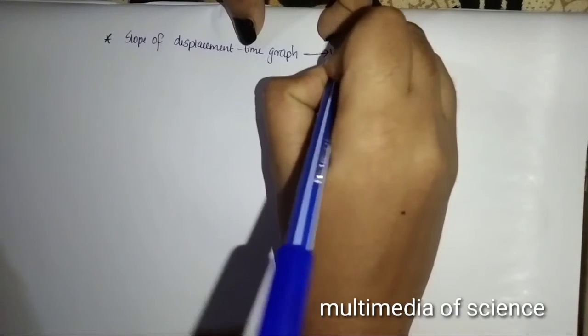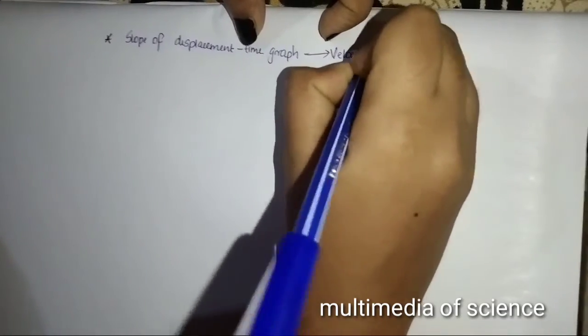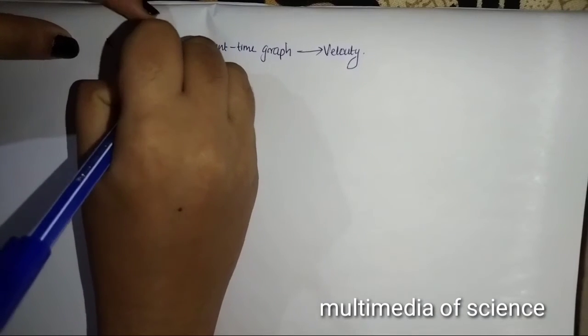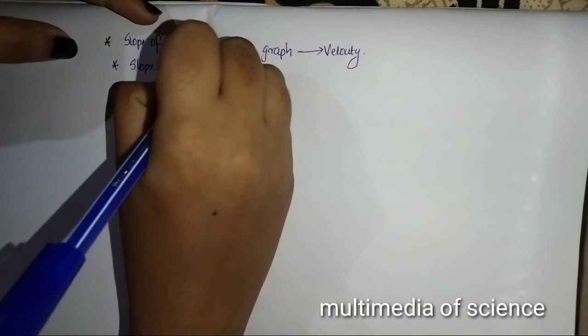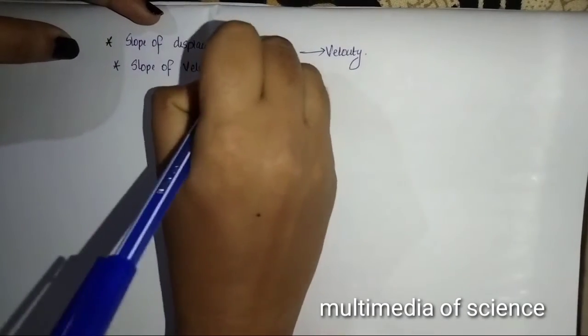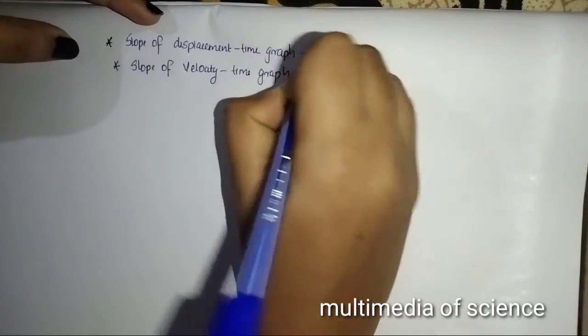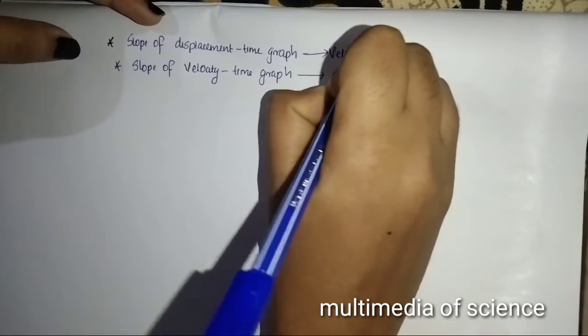Velocity. Clear? Next is the slope of the velocity time graph, giving acceleration.